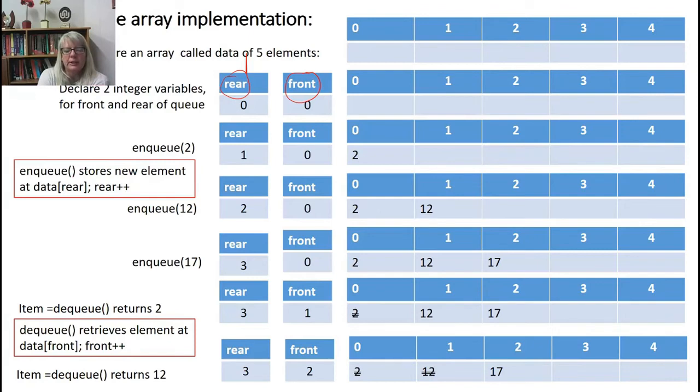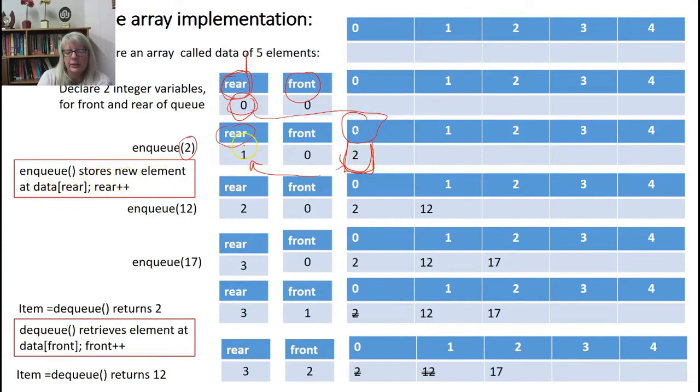If we enqueue 2, now listen carefully, and it's printed in the red block: go to rear, the old rear, see it is 0, go to 0, add the value, and increment rear. Enqueue stores a new element in data[rear] and increments rear.